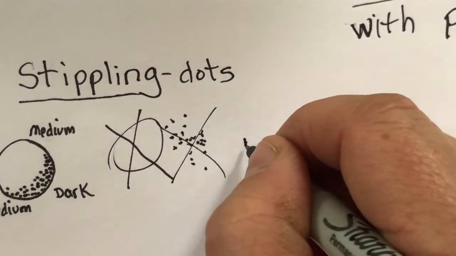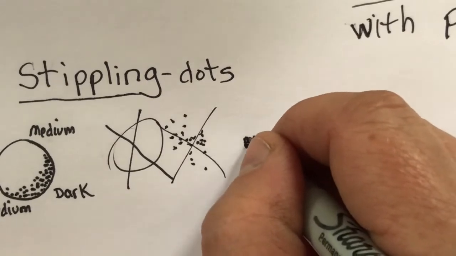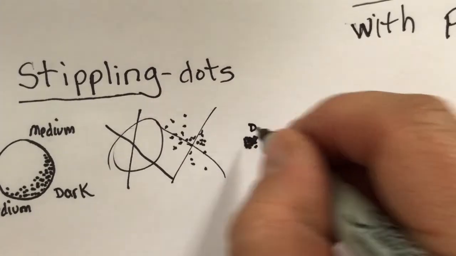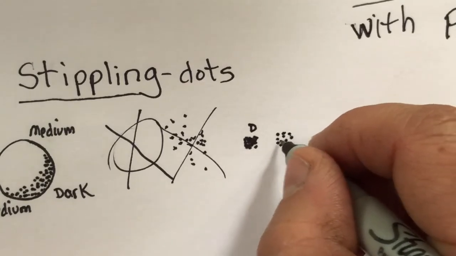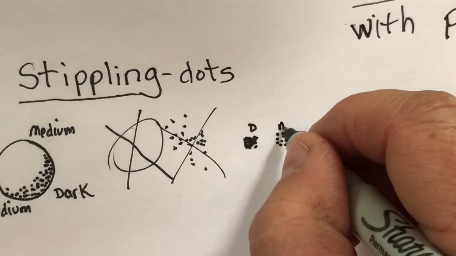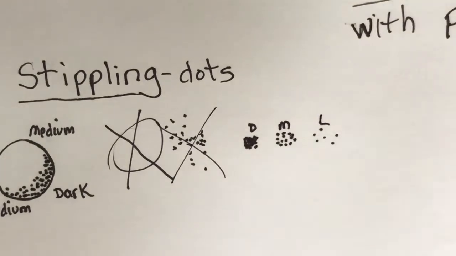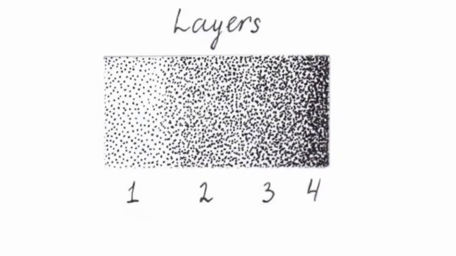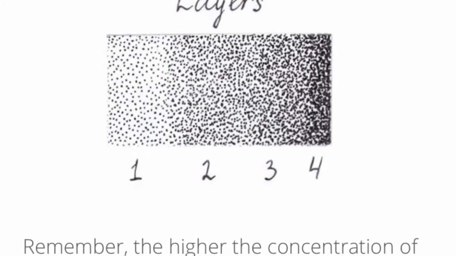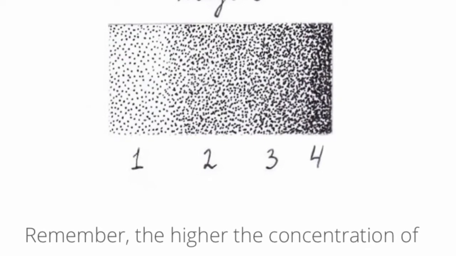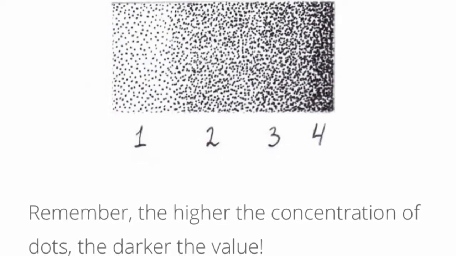When dots are close together, they create dark. When dots are separated and we have some more space, they create medium. And when dots are really separated, it would create a light. I want you to remember that the higher the concentration, which means the closer the dots are, the darker the value appears.